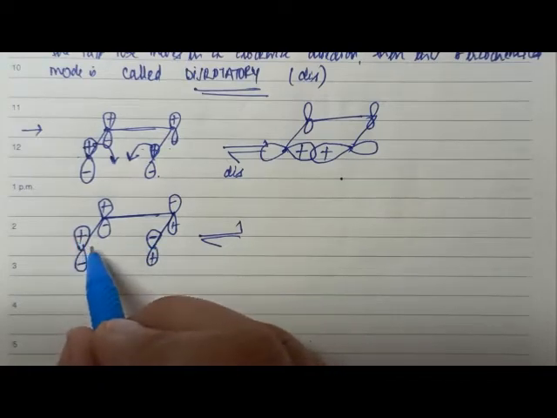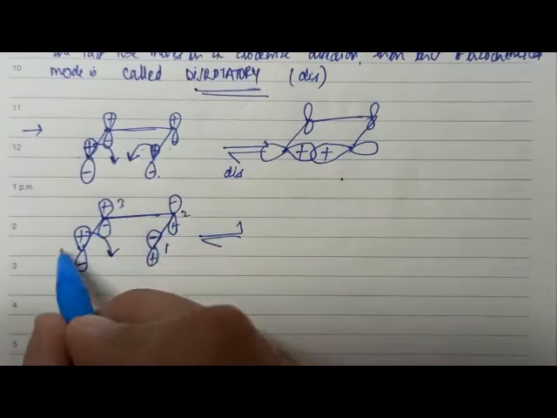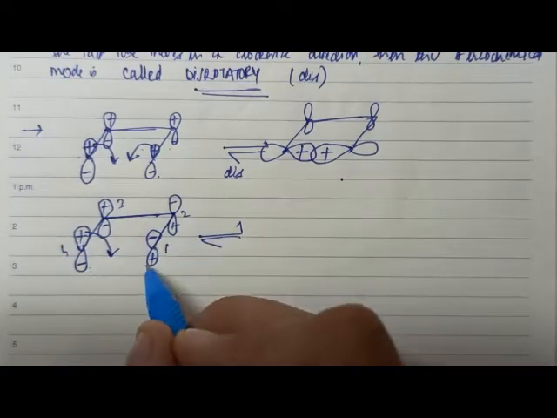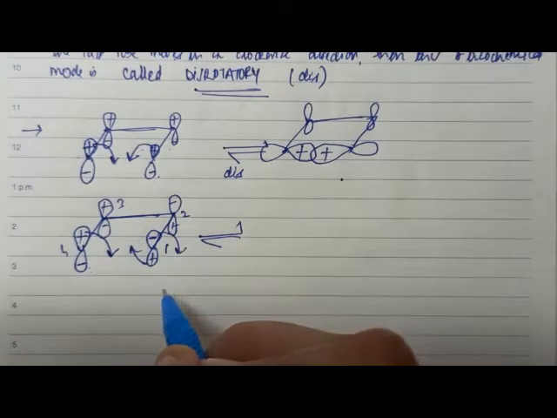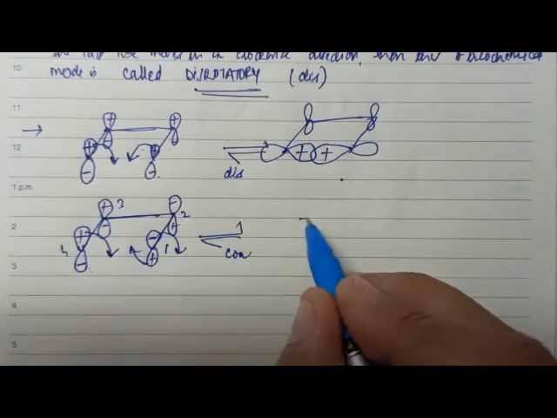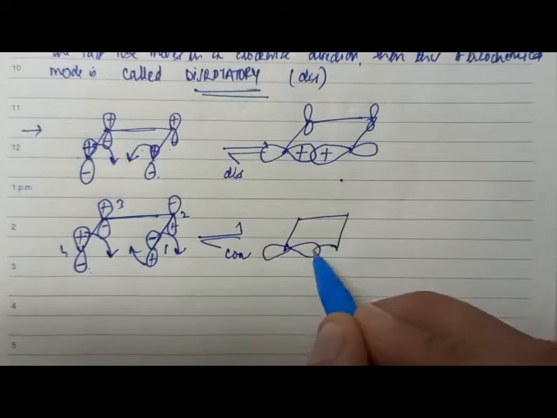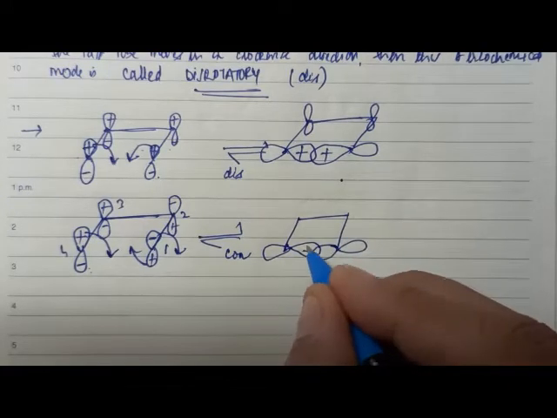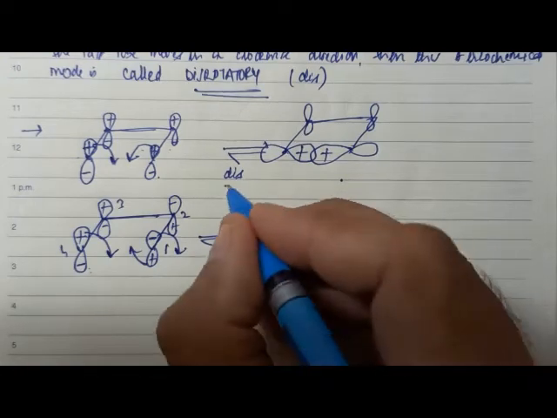Now for positive to overlap with positive, the last lobe, that is the fourth lobe, should move in a clockwise direction, and the first lobe, this one, should move in a clockwise direction. That means both lobes are moving in the same direction. That means bonding overlap can be had once we move the lobes in the same direction, and once the lobes move in the same direction, we call this kind of a stereochemical mode conrotatory.